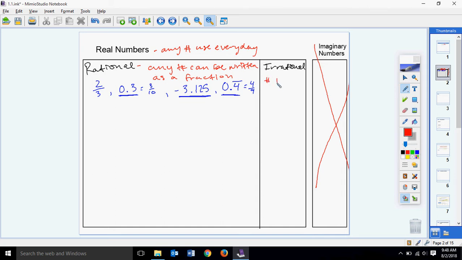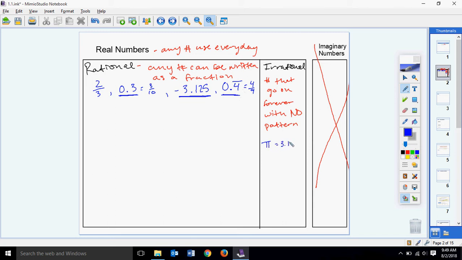It's numbers that go on forever with no pattern. Okay, it never repeats itself. So 4 repeated itself. It went on forever, but it repeated itself. So that's still rational.